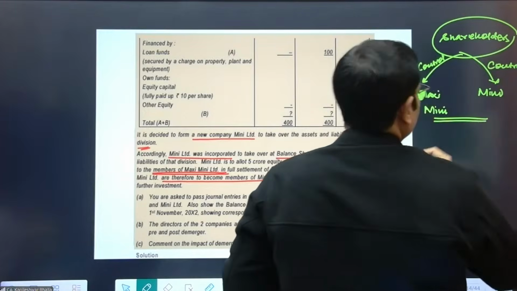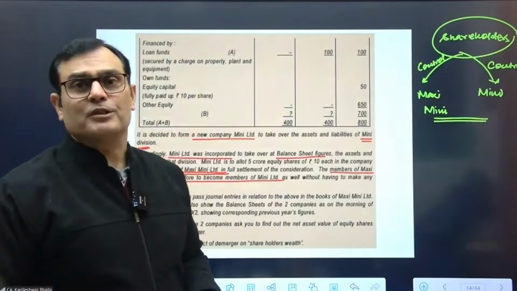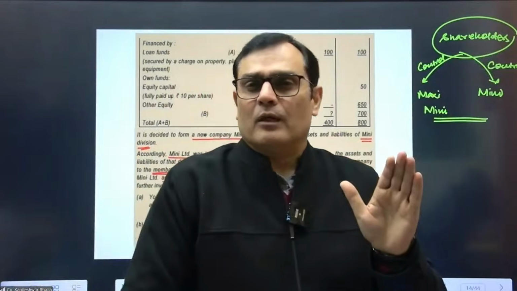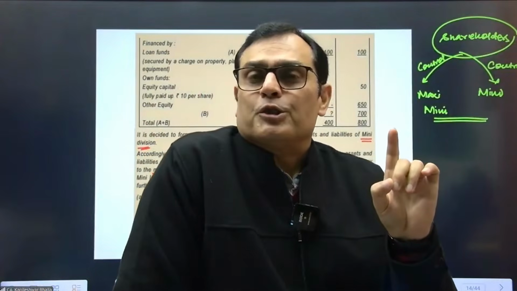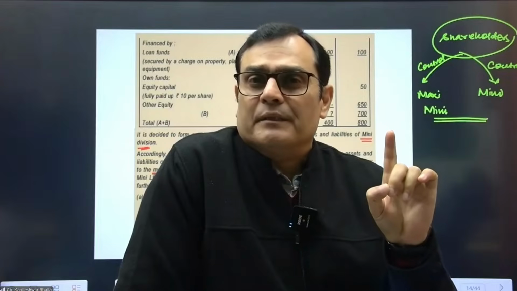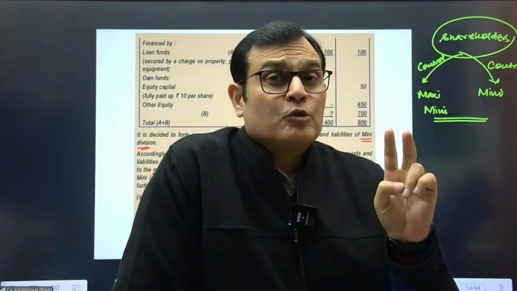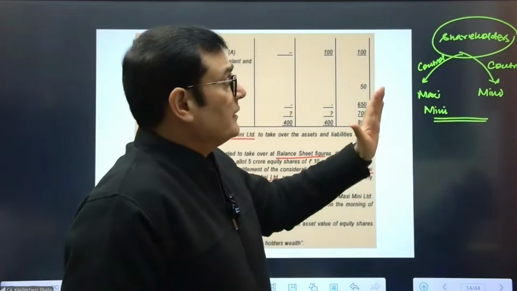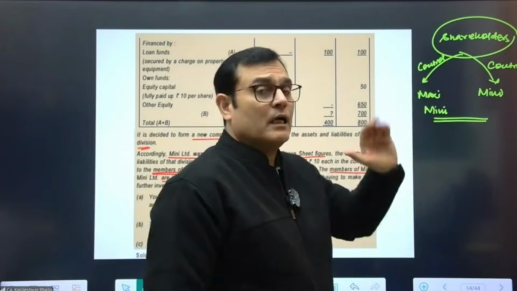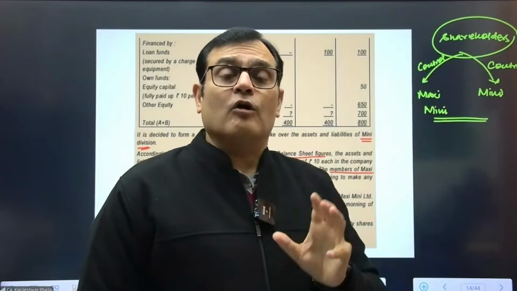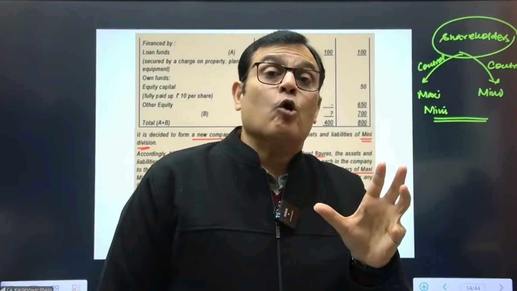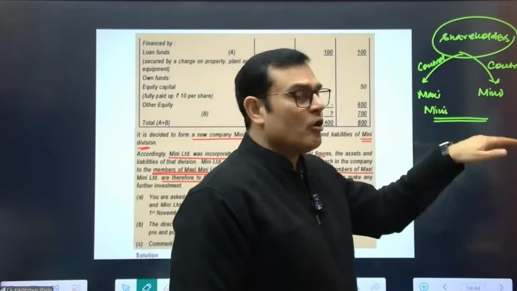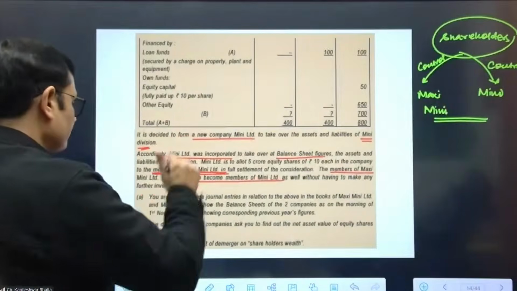So when they deal with each other, they're under the common control of the same set of shareholders. So I am indirectly now assuming that the shareholders have entered into an agreement. That's one. And I'm also assuming that the control is not transitory. So I'm considering that, yes, both these companies are under the common umbrella of the same set of people holding the company. So when they enter into transaction, it's a common control transaction.